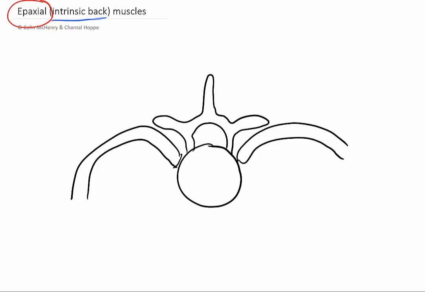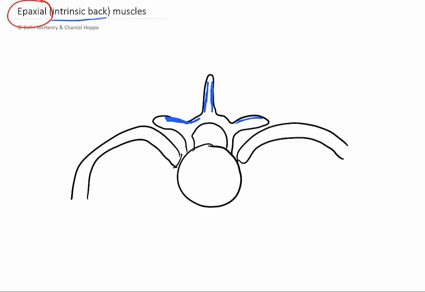Okay, so our epaxial muscles are arranged in three basic groups. The deepest group of all are the ones that go from adjacent vertebrae, so they lie here between transverse process and transverse process, or they lie here between spinous process and spinous process.